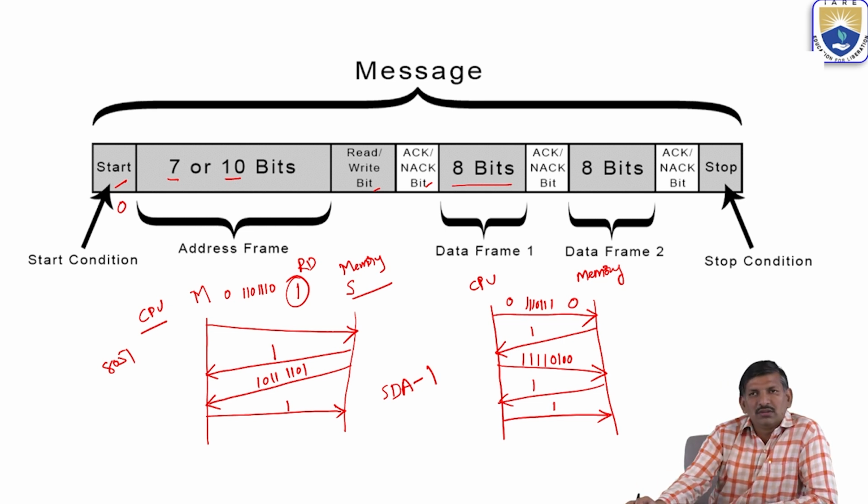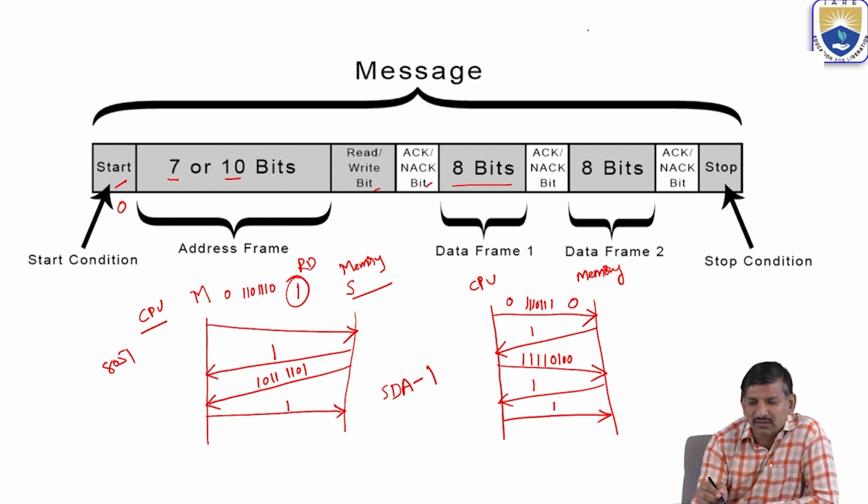Here, there are different types of I2C devices based on the baud rates. First one is standard I2C, that baud rate is 100 kbps.